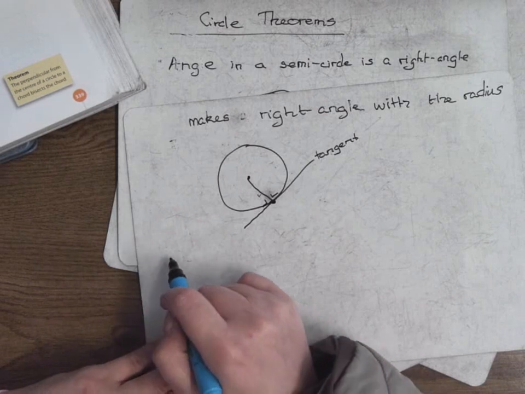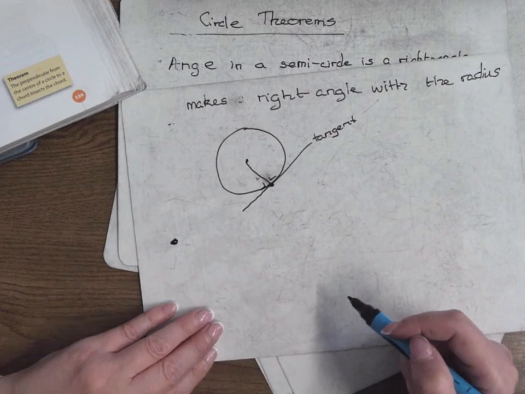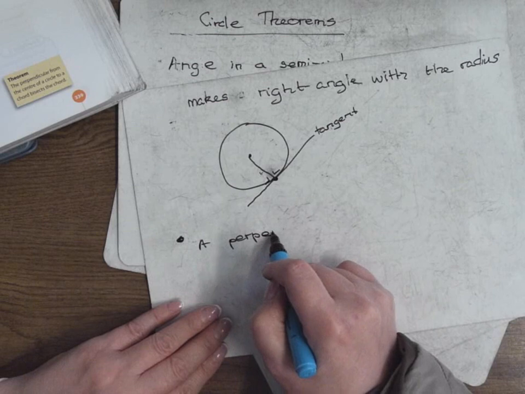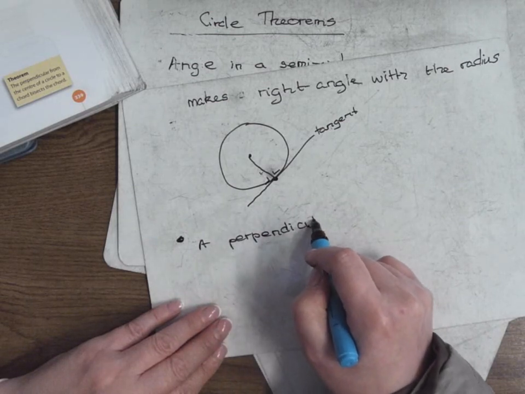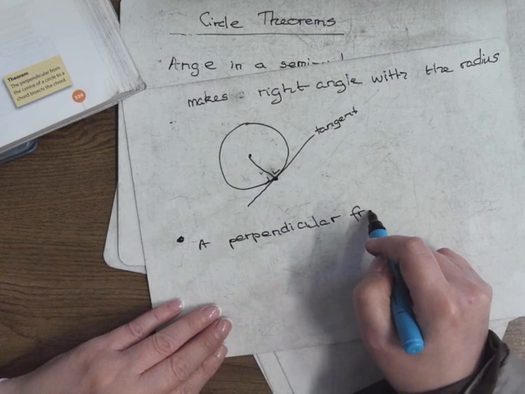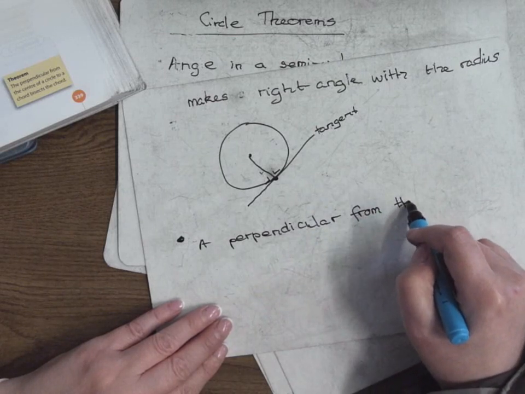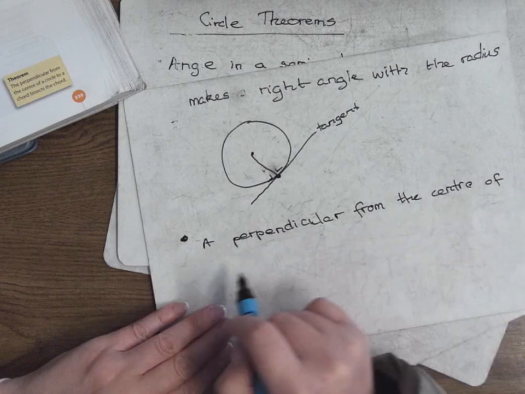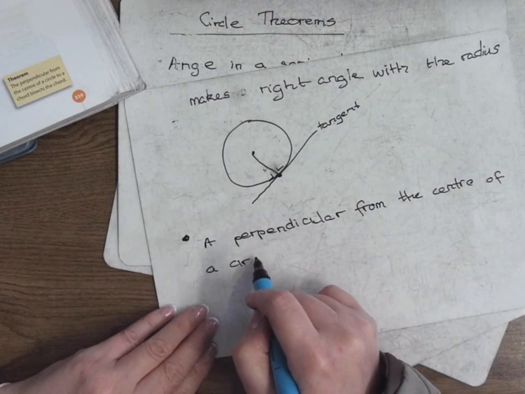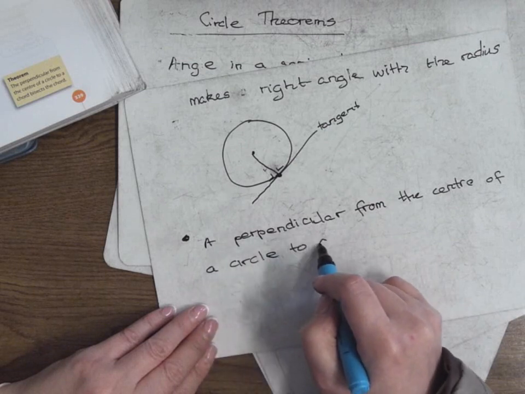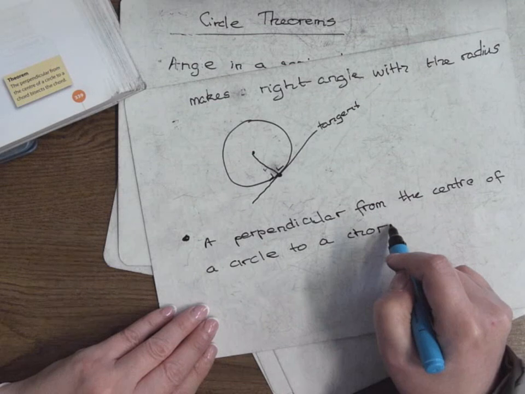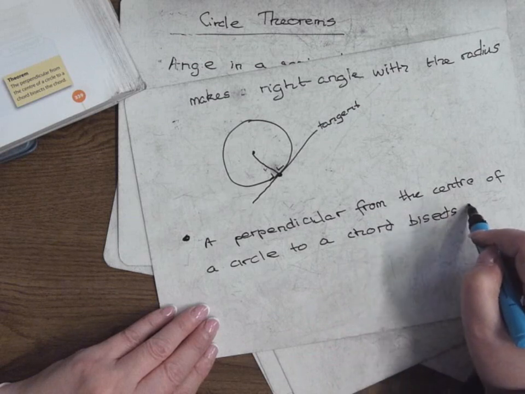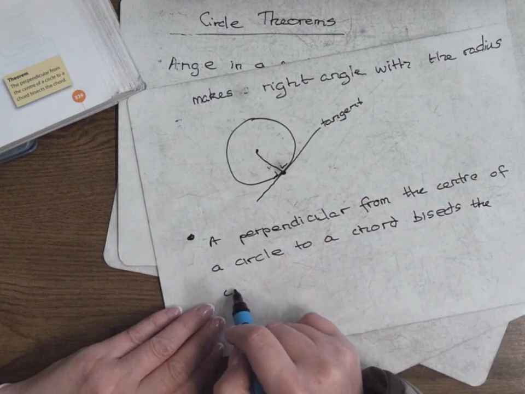Another fact is, a perpendicular from the centre of a circle to a chord bisects the chord.